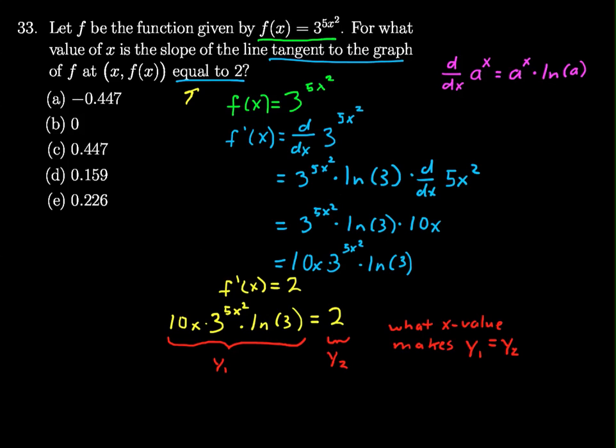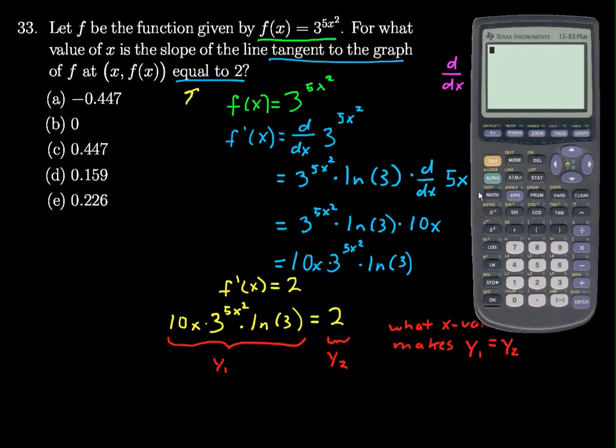So let's bring that up, bring up our calculator, turn it on. Okay, so I want to graph this function 10x multiplied by 3 to the 5x squared, close that off, multiplied by the natural log of 3, close that off, to make sure we got 10x, 3 to the 5x squared, times the natural log of 3, okay, good.